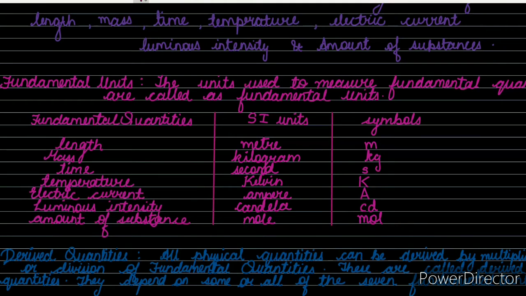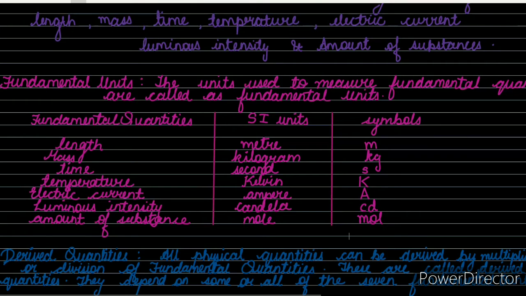So this is how we represent the symbols for the SI units of fundamental quantities. So these are our 7 basic fundamental units. That is meter, kilogram, second, Kelvin, ampere, candela, and mole.